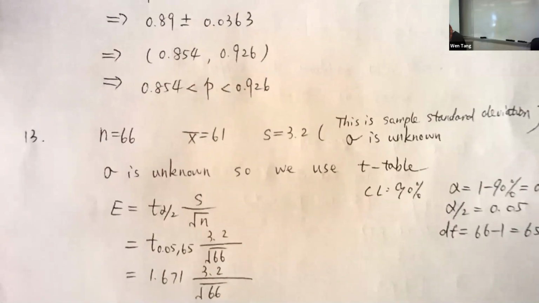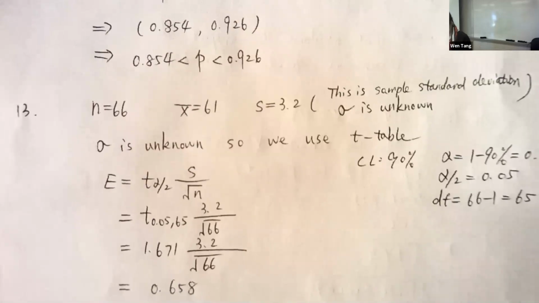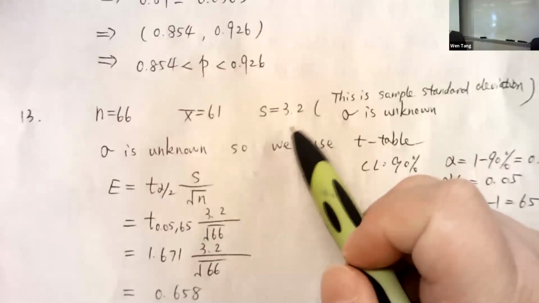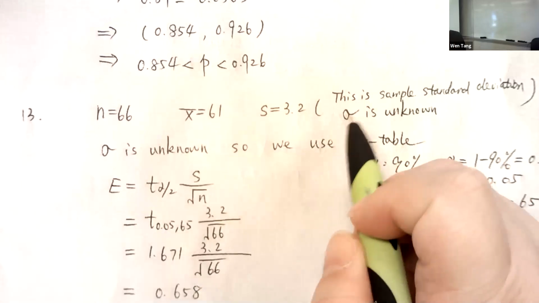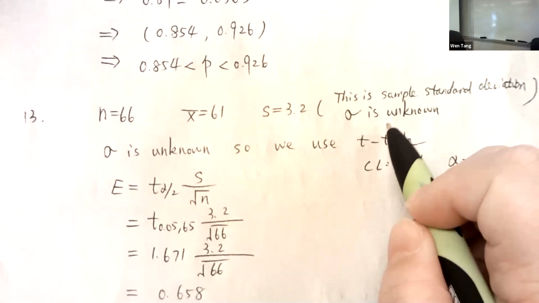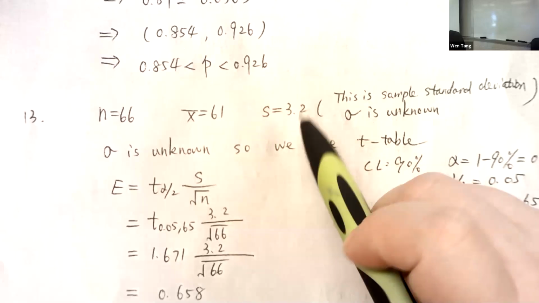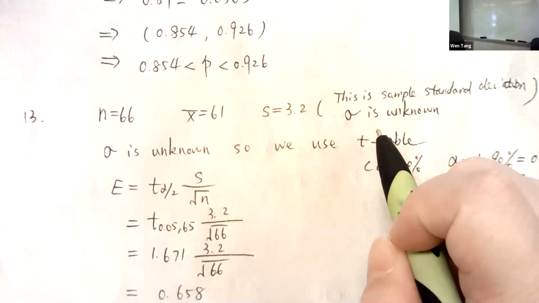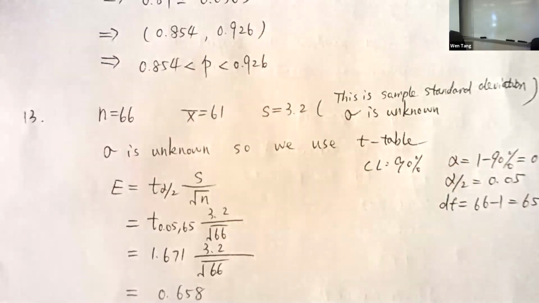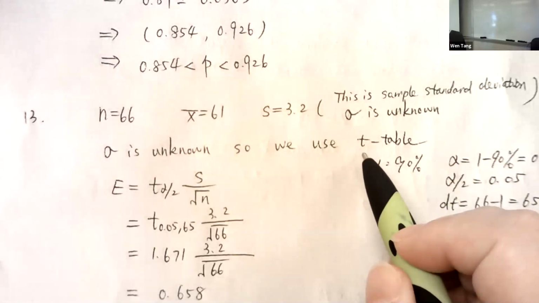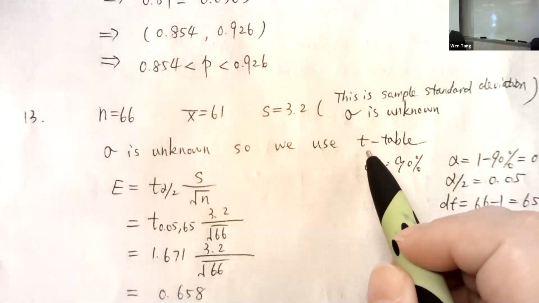Okay, so we list all the information we have. And we realize here the standard deviation is from the sample, so we're going to use S to represent it. And we know sigma is unknown for this case, so we're going to check the T table for the critical value.